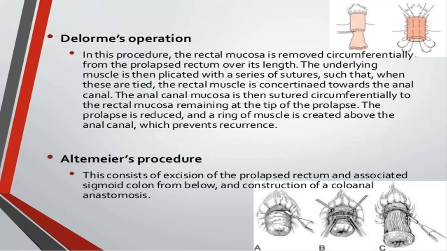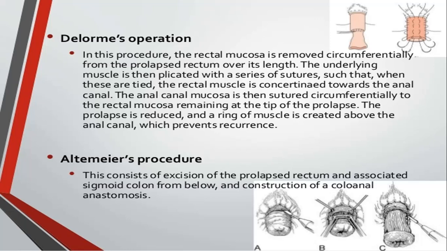Okay, now the third one is Altemeier's operation. It is also a perineal operation. It is very helpful in complete prolapse, in which you have to excise the whole sigmoid colon from below and construct a colo-anal anastomosis. This consists of excision of the prolapsed rectum and associated sigmoid from below.